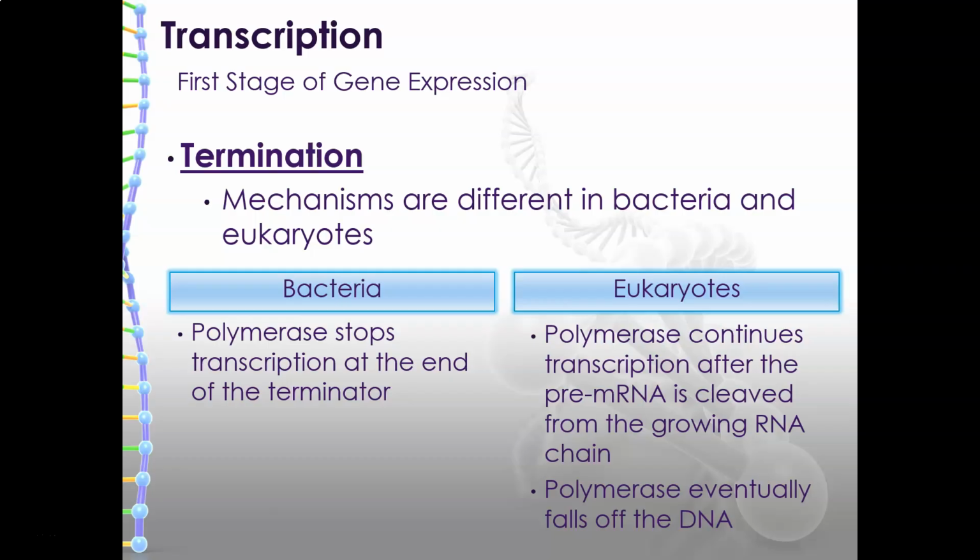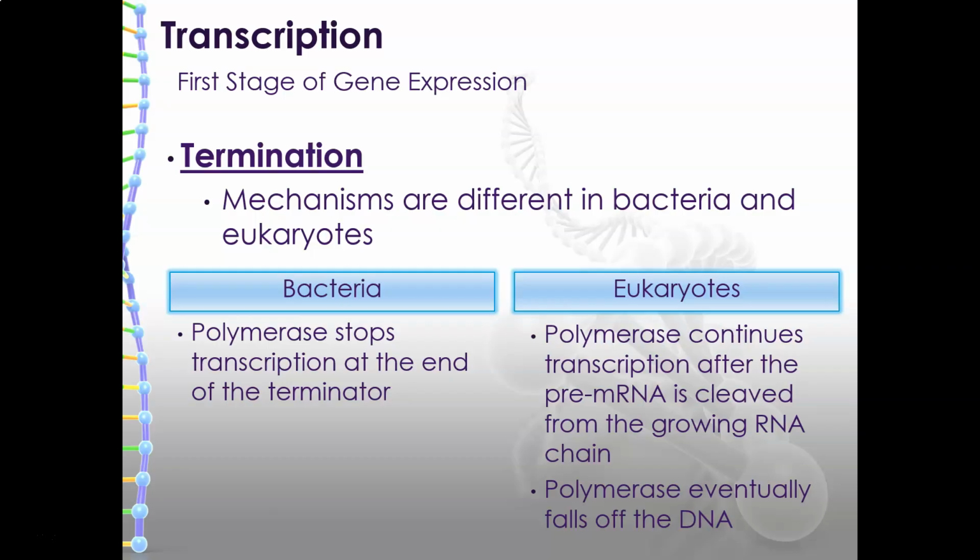So when we talk about the molecule that comes off of transcription initially, it's what we call pre-mRNA. We're going to do some editing to it, do some processing to it. And one of the things that we'll do is take off that excess that got transcribed after the terminator region, even when it wasn't necessary.